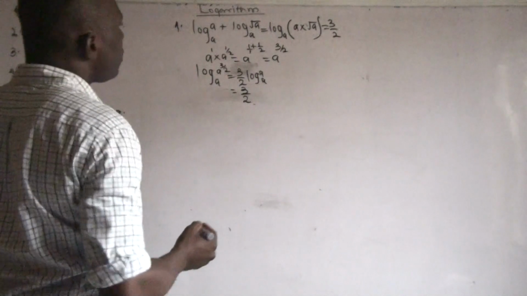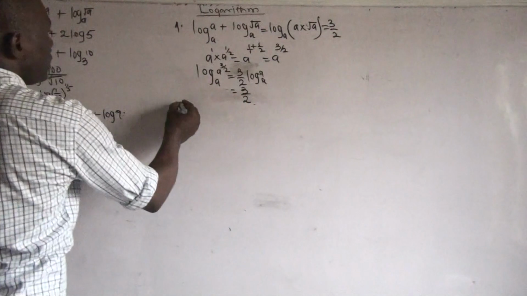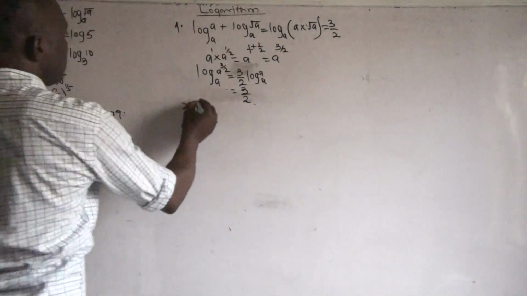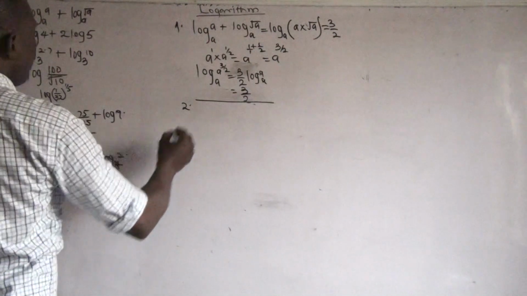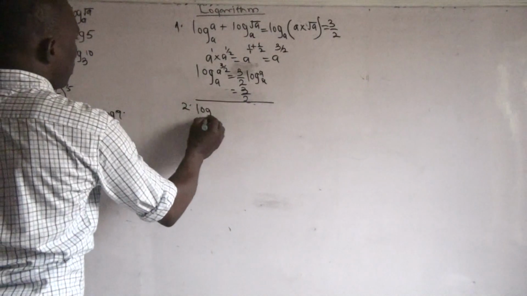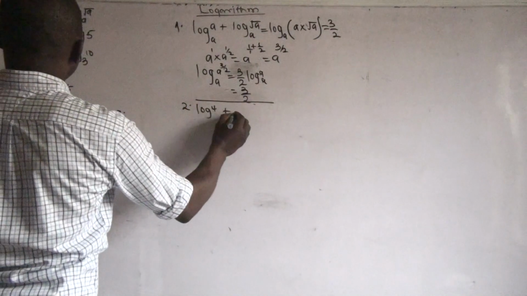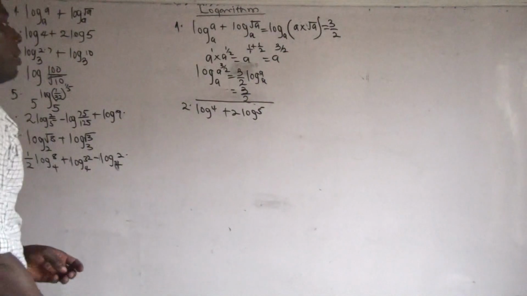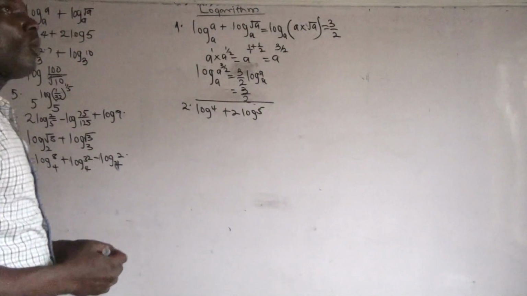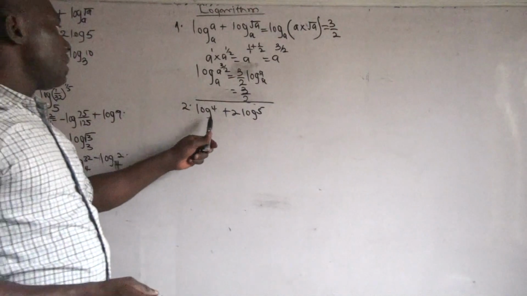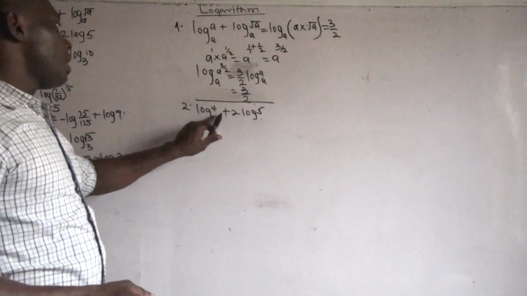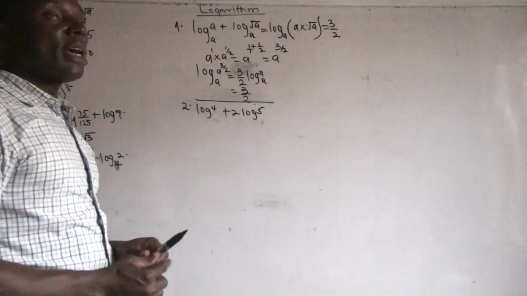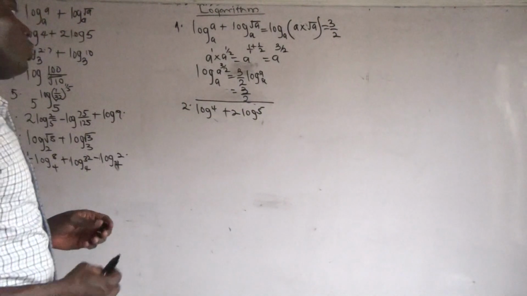Okay, then let's look at the second question. That is number 2. Number 2 question is this. We have a log 4 plus 2 log 5. Here we need to do some transformation. First thing, we must know that the base here is not shown. That means this number is to base 10. That's what we should know.